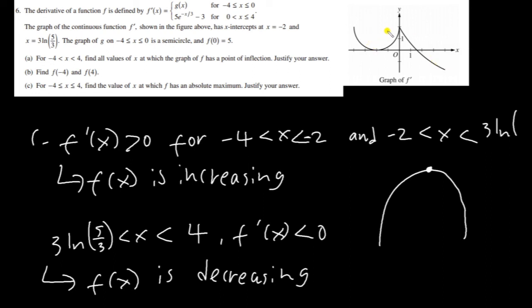Basically, in a condensed version, it's greater than 0 in this part, less than 0 in this part. That means it has an absolute maximum at the point where it switches.